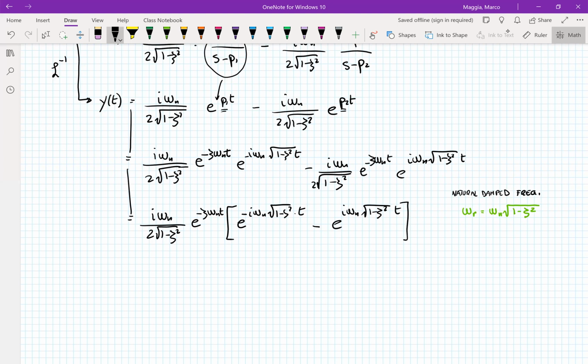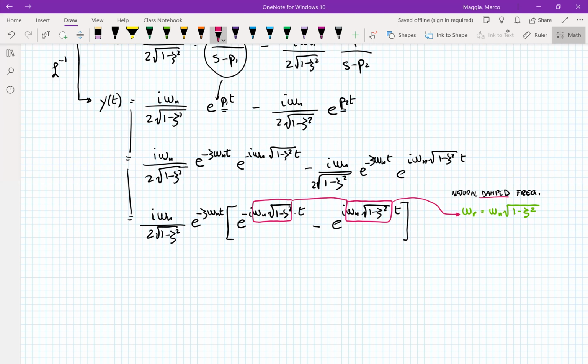Now, to make things a little bit easier, we're going to take omega n square root of 1 minus zeta squared, which is both here and here, and we're going to call this omega r, and this is known as the natural damped frequency.